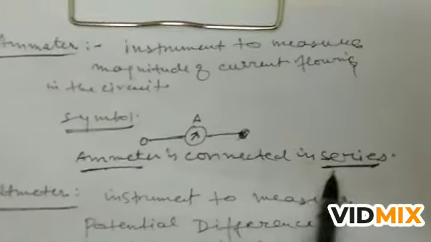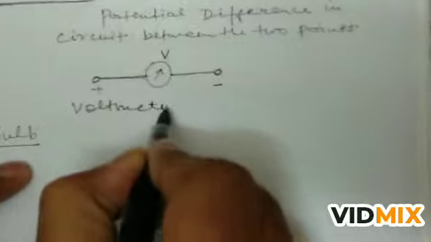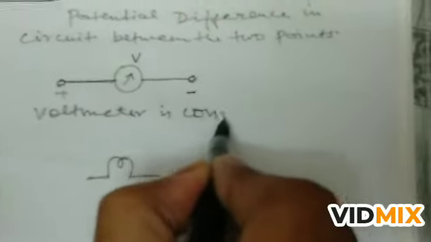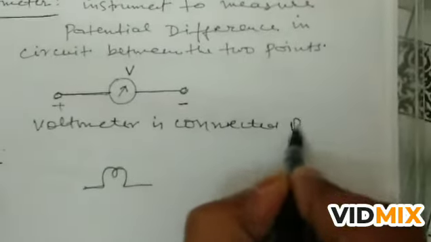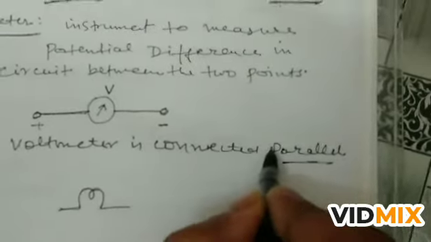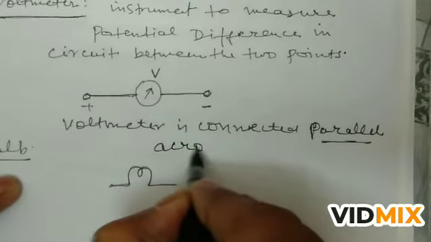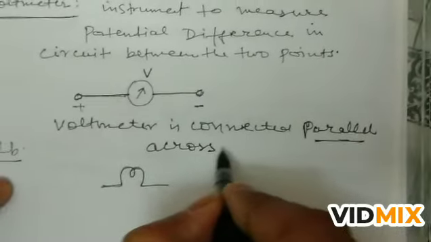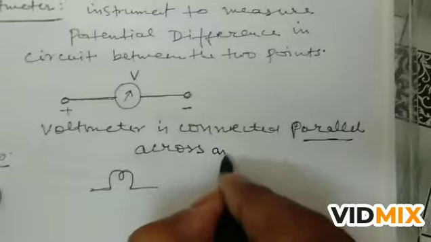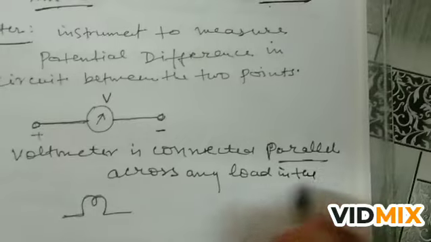The ammeter is connected in series, and voltmeter is connected parallel across any load in the circuit.